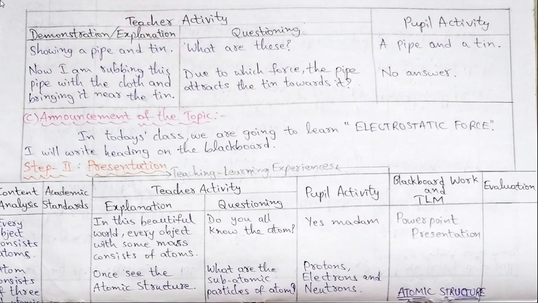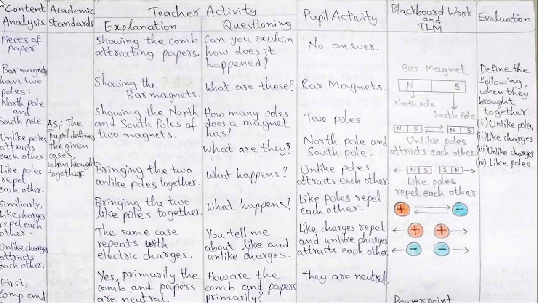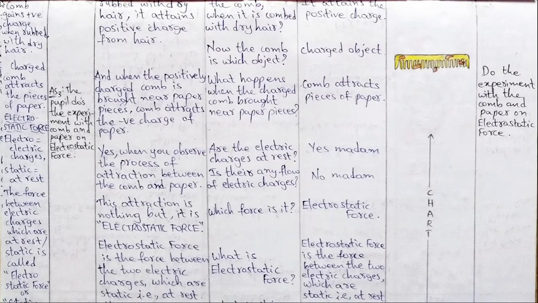And then the blackboard work and TLM, teaching learning material column, is used when they are utilized in the topic. And finally the last column is the evaluation column, which is given when we ask something to the student to perform or explain. So this is my complete presentation topic, which you can view slowly by pausing the video or by slowing down the motion of the video.